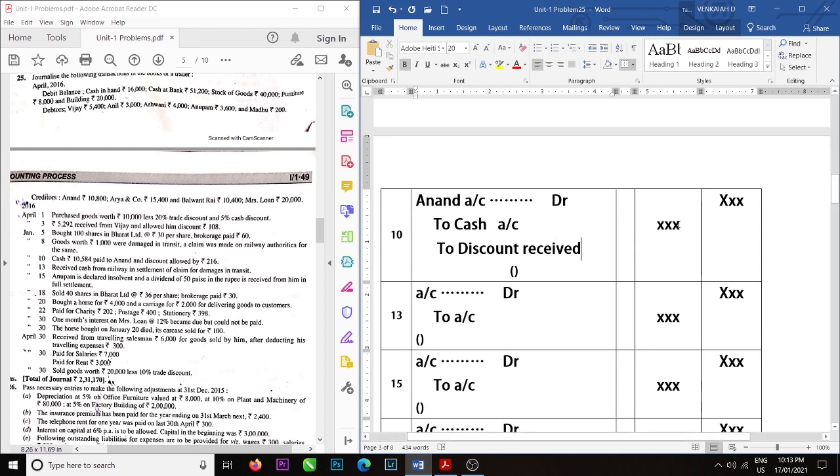Right. So how much cash we are paying? 10,584. How much discount we are getting? 216. So out of 10,800, we paid 10,584 cash and we are getting benefit of 216. Amount paid to Anand.